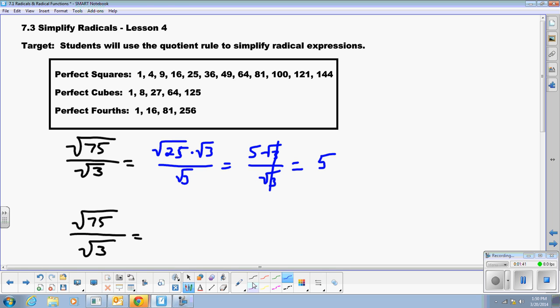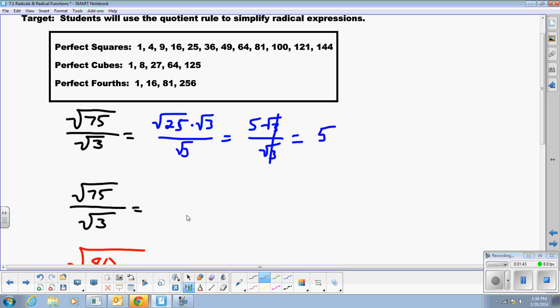Another way to use the quotient rule, and I'll show you with the same problem again so you can see you can get the same answer. I have the square root of 75 over the square root of 3 again. I can then change this because the quotient rule says the square root of those separately is the same as the square root of the two written as a fraction, 75 over 3.